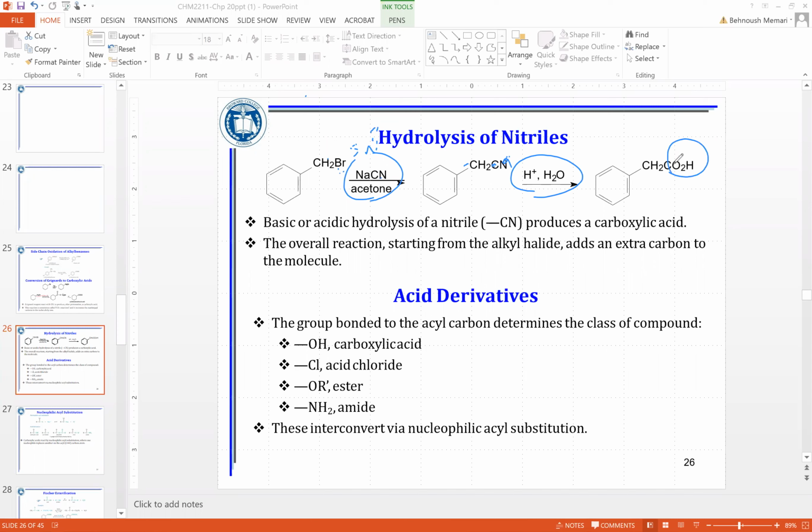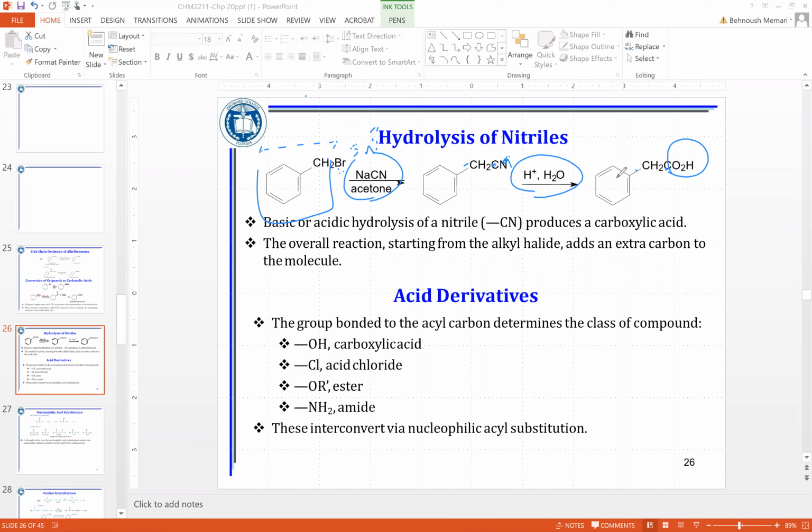So be careful, it's adding a carbon. Keep that in mind. So if you have just one carbon attached to the benzene ring, the carboxylic acid that you get has two carbons attached to the benzene ring. That extra carbon is coming from the nitrile.